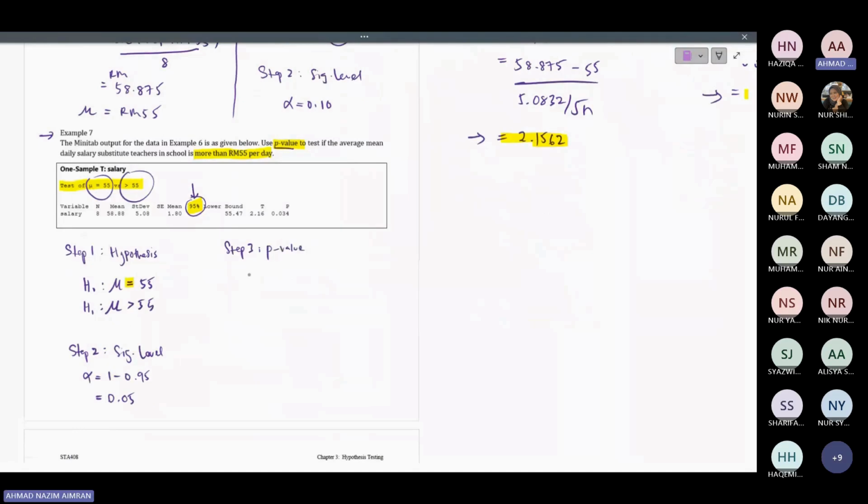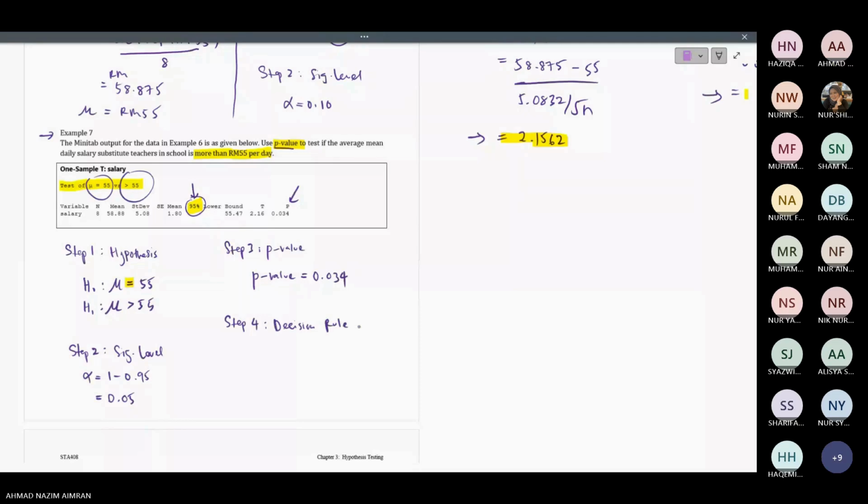And the p-value is this value, which is equal to 0.034, right? And step 4 is the decision rule.